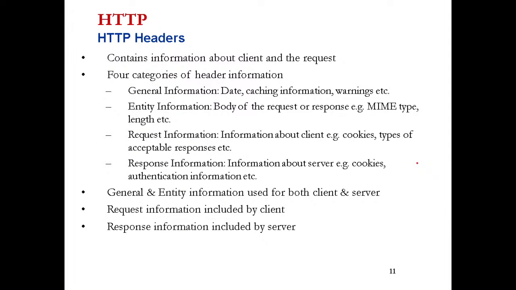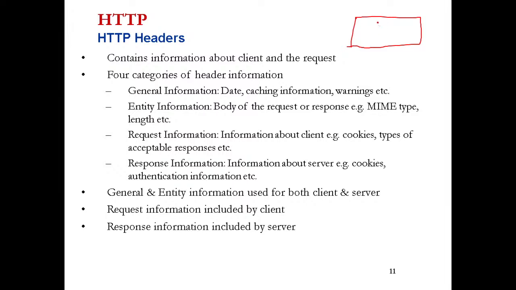Now, the HTTP headers contain information about the client and the request. As you know, if we send a letter to anyone, we can compare this with, suppose I want to speed post a letter to my client. This is my letter.